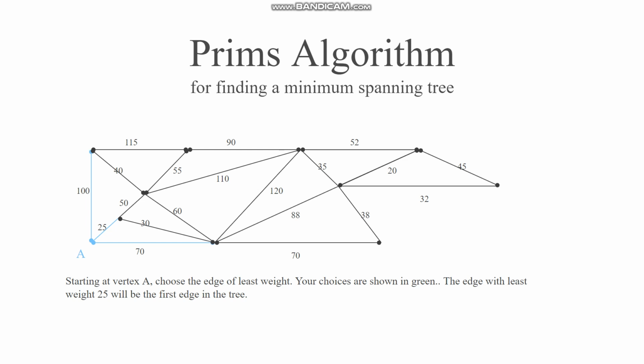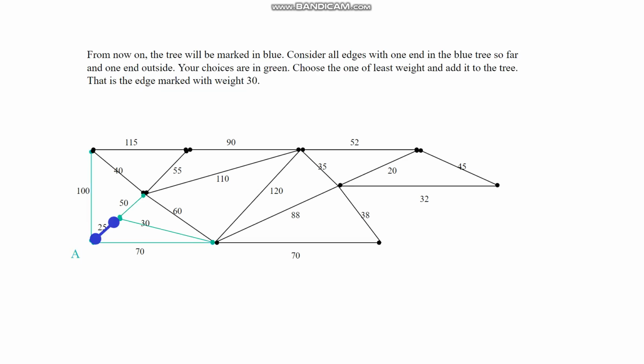Let's consider that our starting vertex is A, and we have 3 edges for A. We are going to choose the edge which has the least weight, and it will be 25.